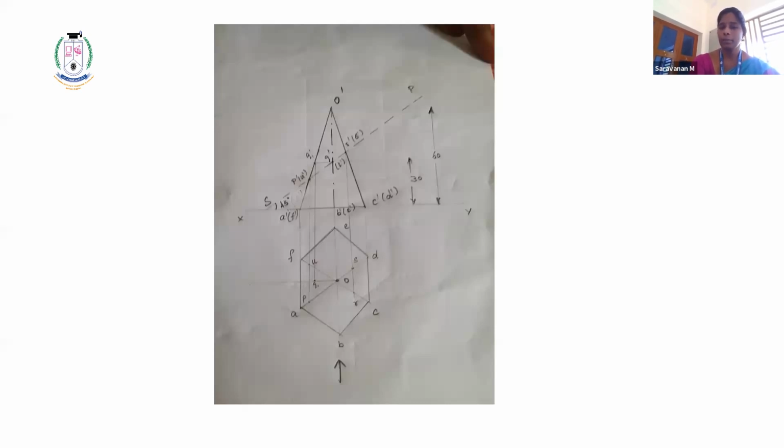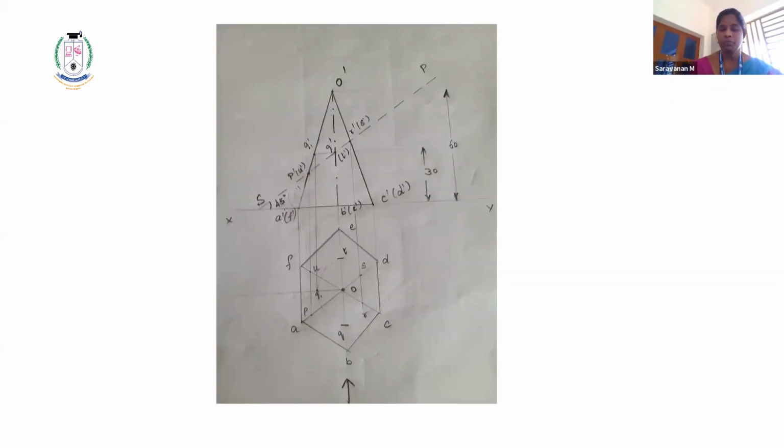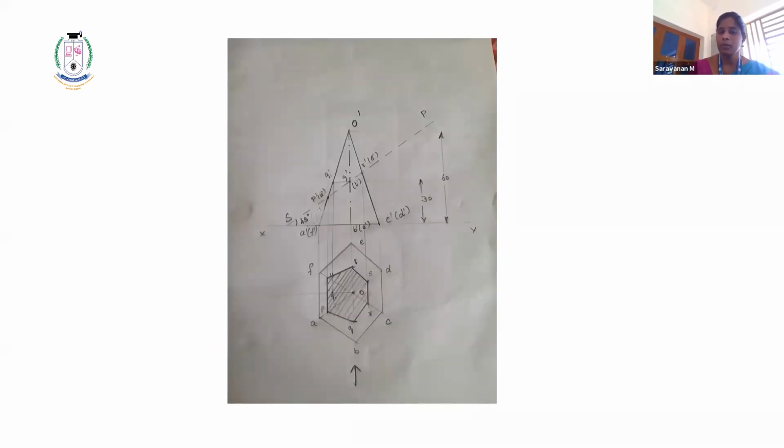I have given the name Q1. Now, taking O, Q1 as radius, cut an arc at the middle line, that is, towards the axis line. If you cut an arc, a new point will be generated. Mark that as Q and T. Now join all the corners. Now you are getting the sectional top view. So now you got the sectional top view.